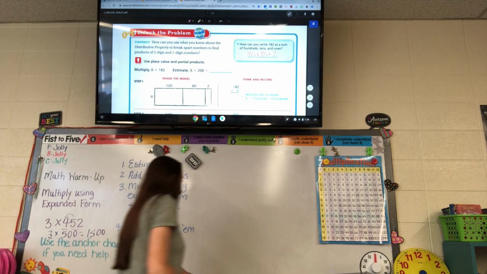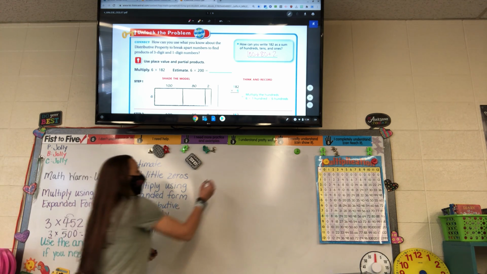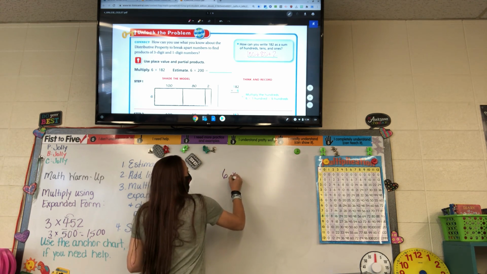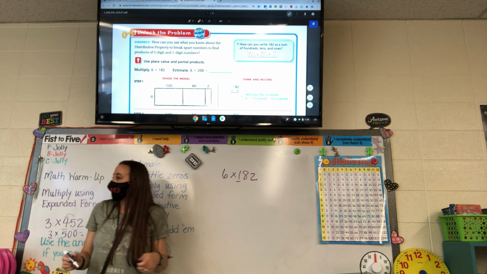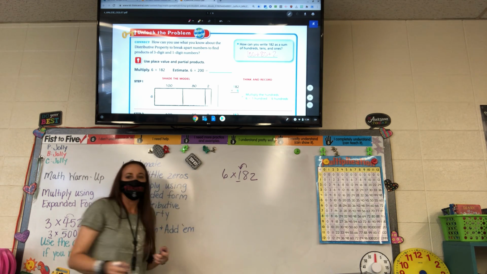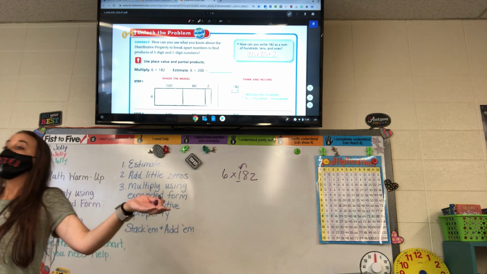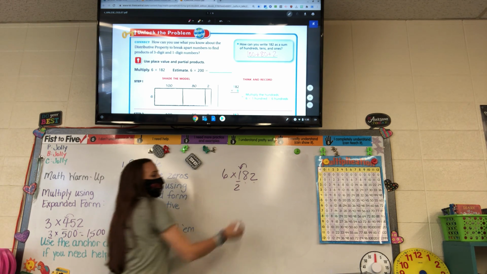6 times 182. First, we need to find our estimate. Our biggest place value is the 1. What does the 8 tell the 1 to do? Go up to a 2. And then what happens to the 8 and the 2?